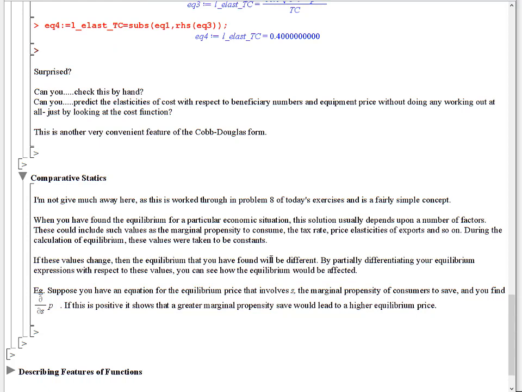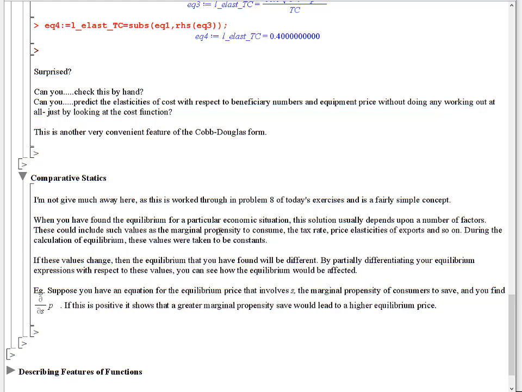And then the problem is that your final solution that you've got, if the values change, then the final solution will change. But if you partially differentiate your equilibrium with respect to these values, you can see how the equilibrium is affected, but assuming that other things remain constant.